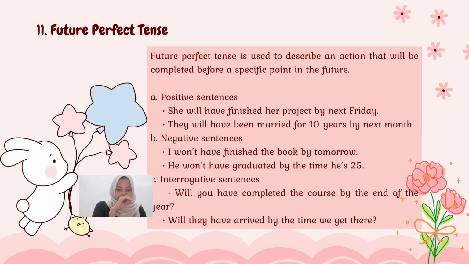And in negative sentence, I won't have finished the book by tomorrow, and he won't have graduated by the time he's 25. In interrogative sentence, will you have completed the course by the end of the year? And will they have arrived by the time we get there?